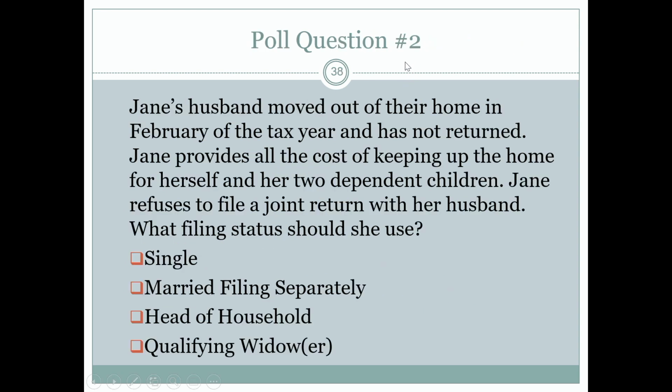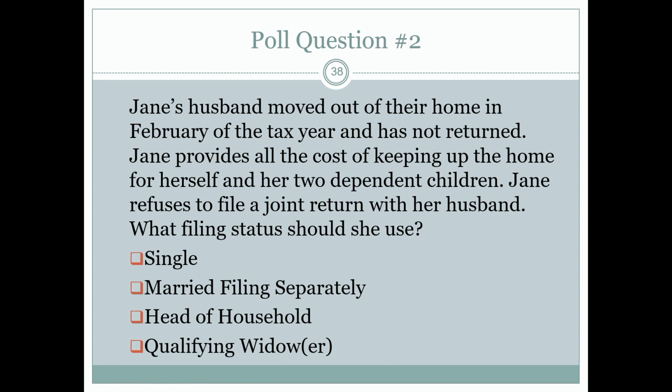Okay, we have a little question here. Jane's husband moved out of their home in February of the tax year. In this case, that would be 2020 for the current returns, and has not returned. Jane provided all the cost of keeping up the home for herself and her two dependent children. Jane refuses to file a joint return with her husband. What filing status should she use?